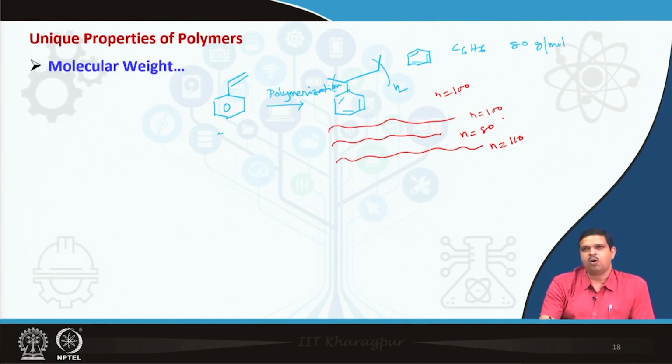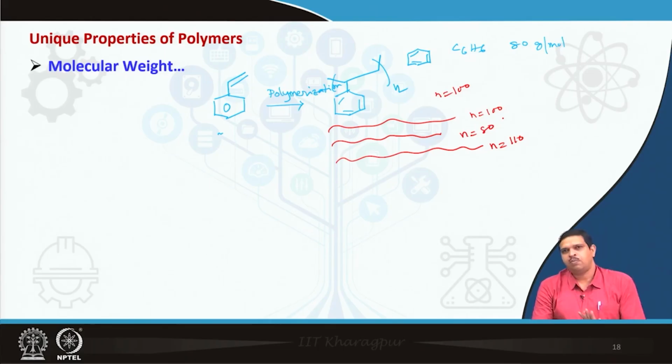I am sure some of you have taken the basic polymer course and you have understood. Here I am just trying to give a feeling about the different molecular weights of polymers, particularly for the students who have not taken the polymer course.